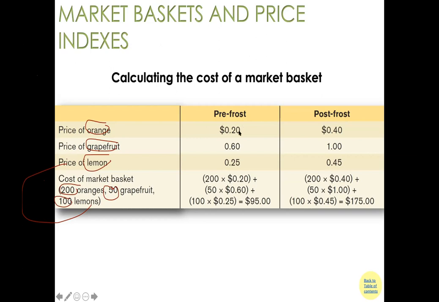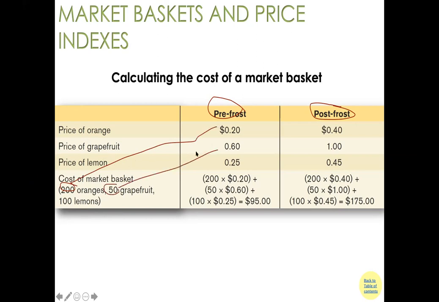And then, what is the price index? We just look at the cost of this basket over time, right? Let's say, for example, there are two time periods: one is pre-frost, the other post-frost. In order to calculate the price index, we use 200 times this price, 50 times this price, and 100 times this price.